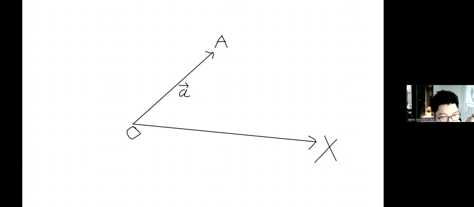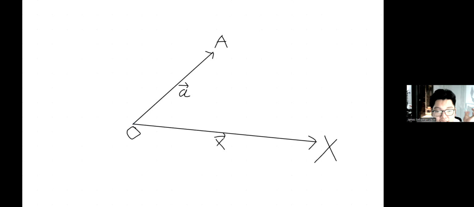And really, if we have something like this, let's call this guy X, and so now we have a vector X like so.